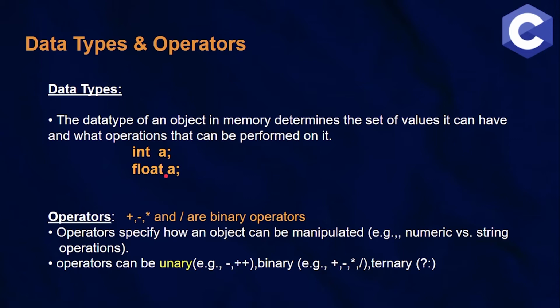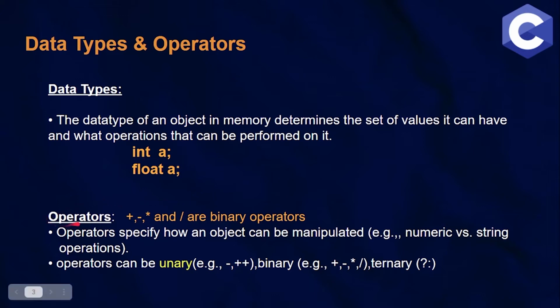Like that, float also. For every data type, there is a certain set of values, and you have to choose values only within that set. You cannot go beyond those values. If you go beyond them, it will show an error.